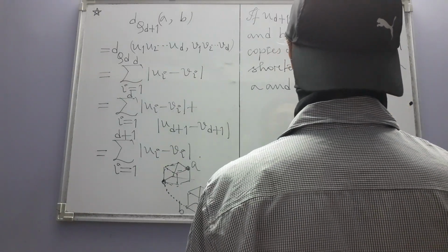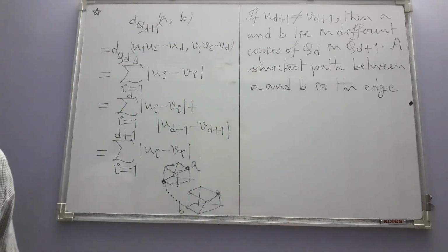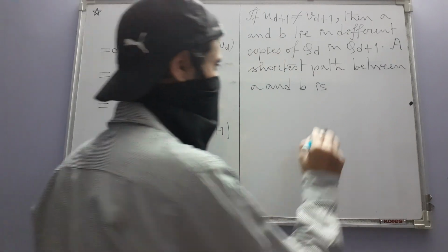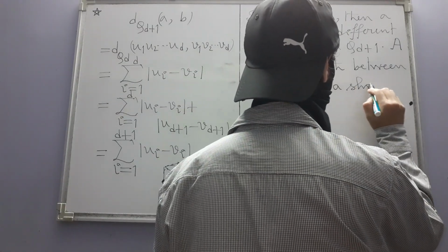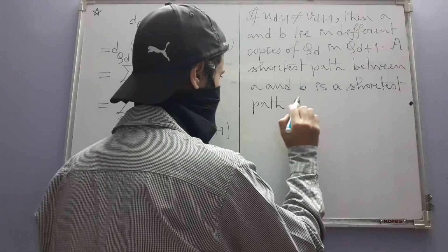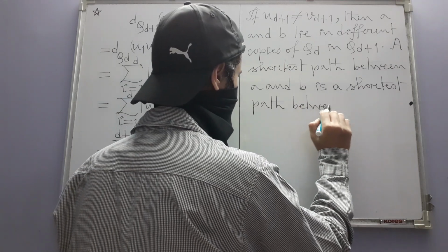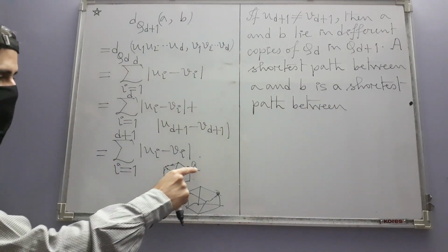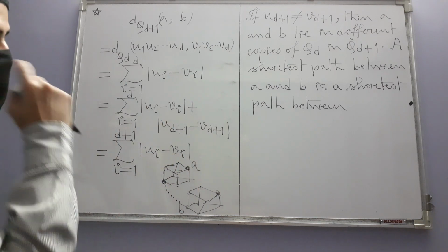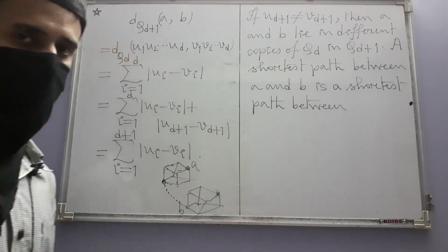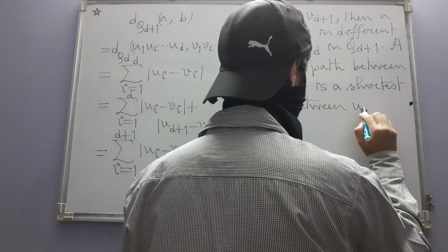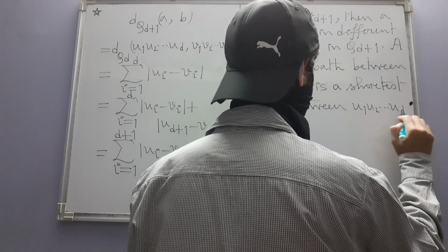So a shortest path between A and B is, now the edge will come afterwards, a shortest path between, let's write the vertex corresponding to A in this copy, in the copy where A is lying, by neglecting the last digit from our string, between U1, U2 up to UD.